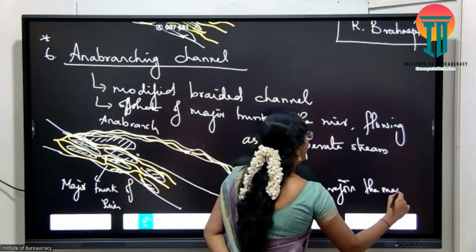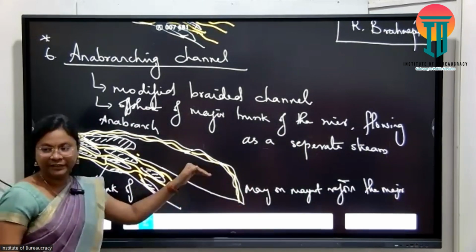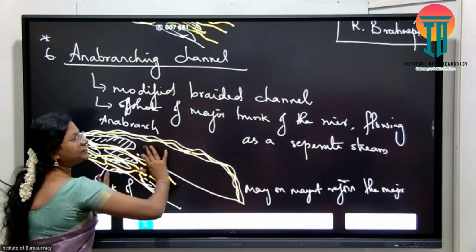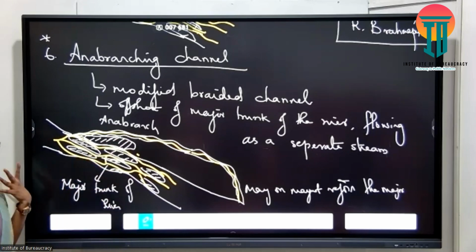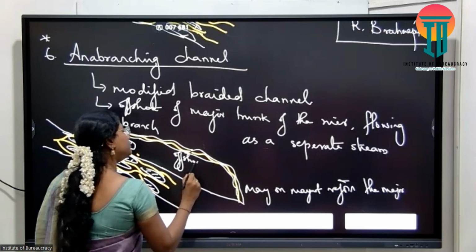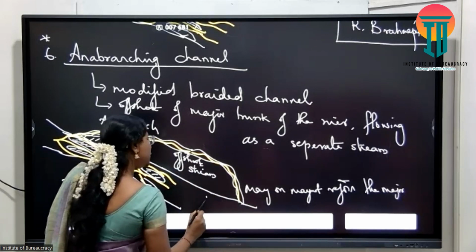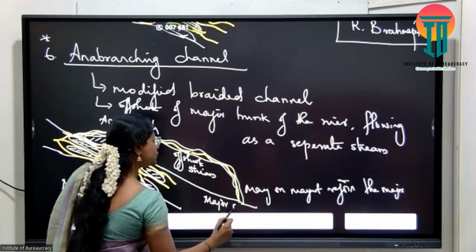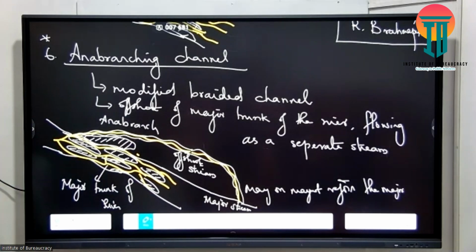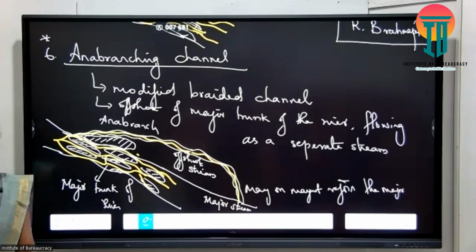Most cases the unbranch will rejoin into the major trunk, but there would be a gap of hundreds and hundreds of miles. This is nothing but an offshoot stream. Okay, so such type of modified braided channel is known as unbranching.